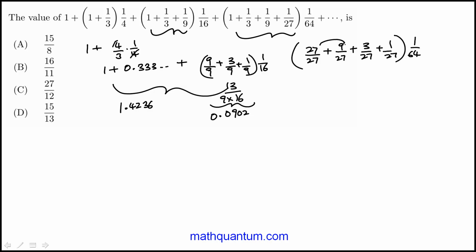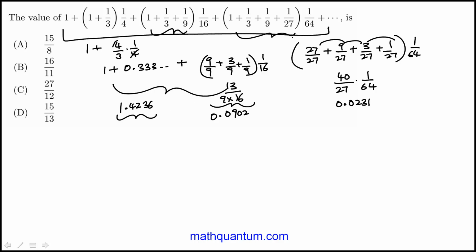So that's 40 over 27. Again, at this point, I'll use the calculator. And I get 0.0231. So you see it's kind of dropping, and if I add it to 1.4236, I get, at least for the first 4 terms, 1.446.